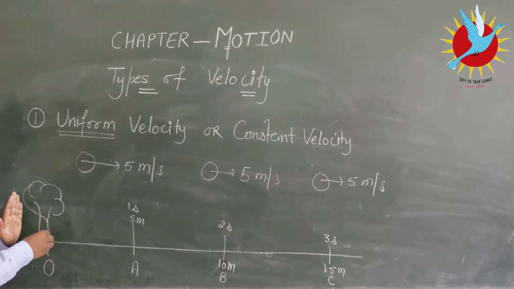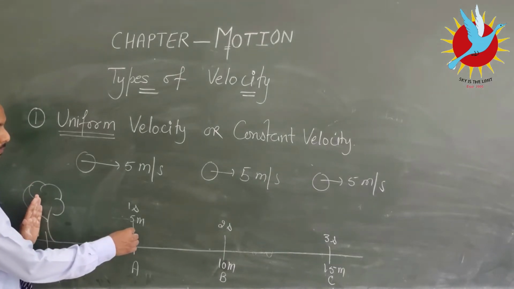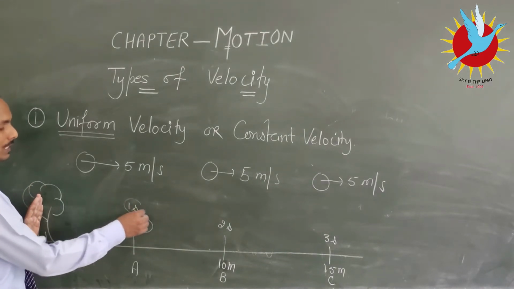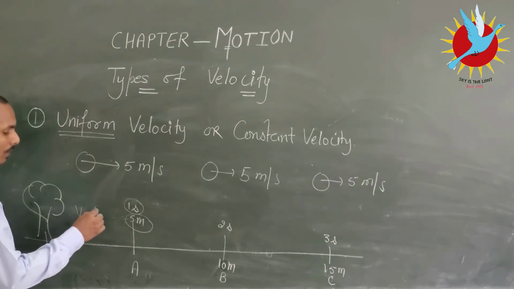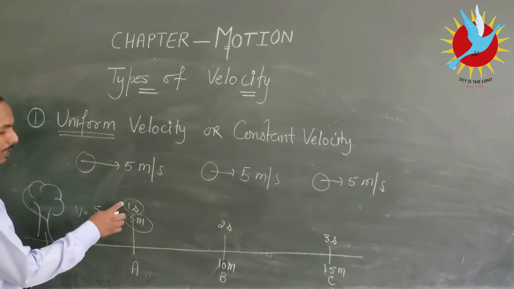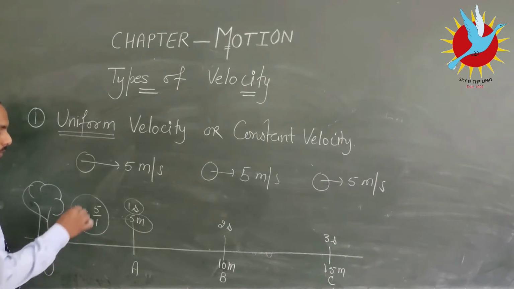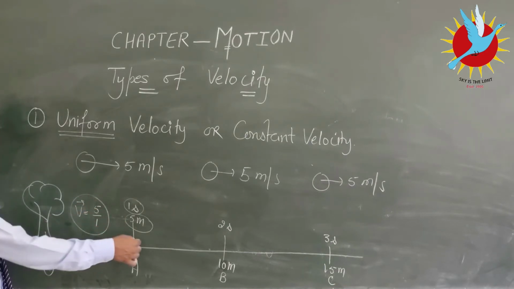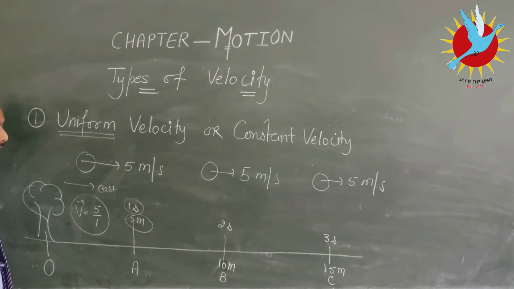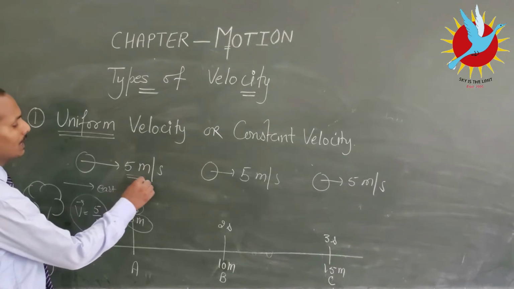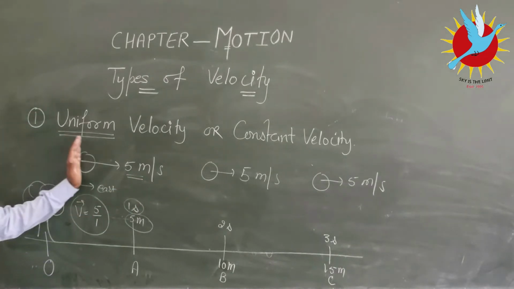The object covers the first 5 meters of displacement in 1 second, so its velocity, displacement upon time, is 5 meters per second along east.